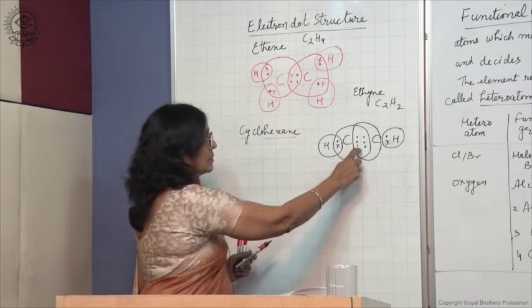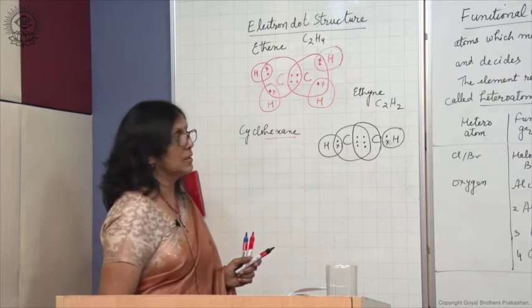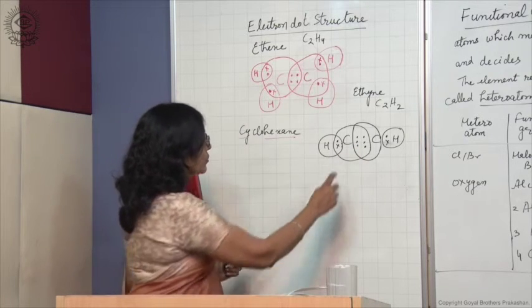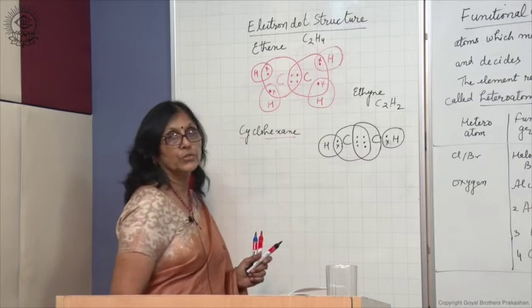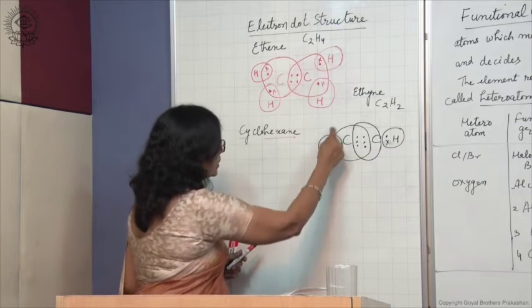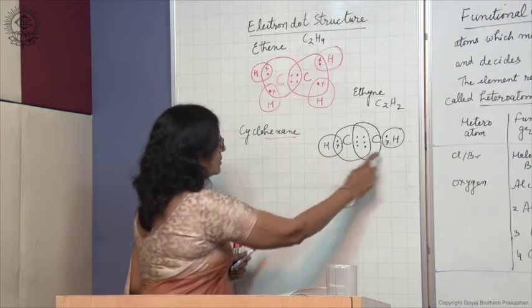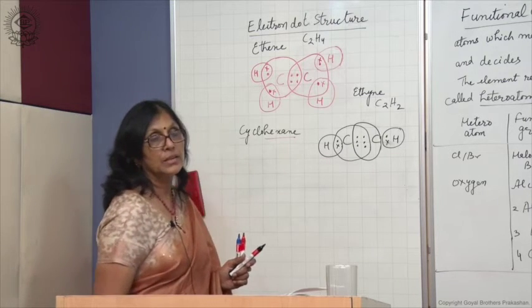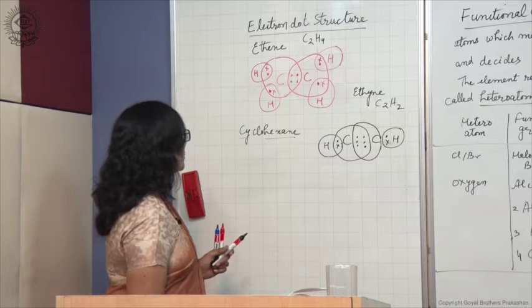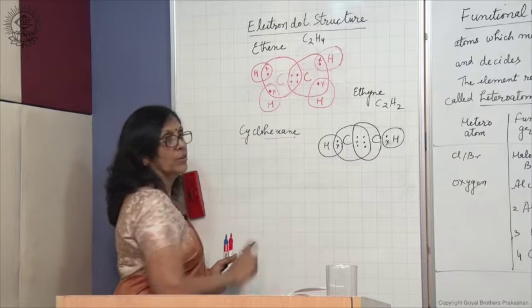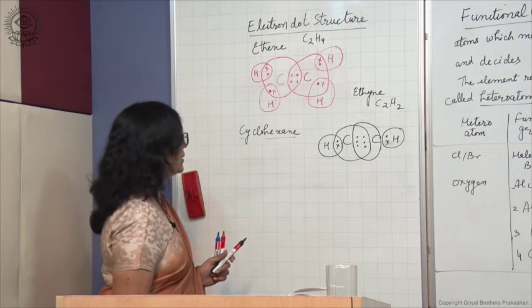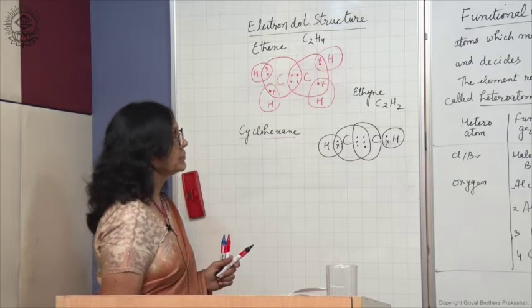Here a triple bond is formed between the 2 carbon atoms by sharing of 3 electron pairs, so that each carbon atom completes its octet, and the hydrogen atoms also complete their duplet. You do the practice of making electron dot structure of cyclohexane yourself.